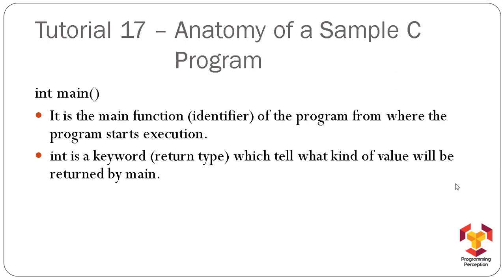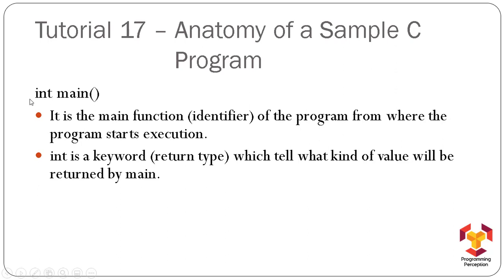Now int is a keyword and here it is known as the return type. Whenever a keyword like this is written just before a function, then it's a return type. How will you come to know that a certain identifier is a function? In case these parentheses are written with any identifier, then that identifier is nothing but a function.